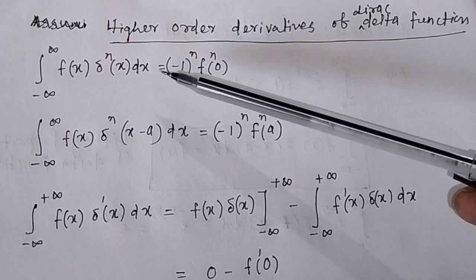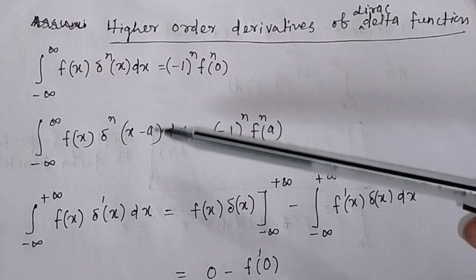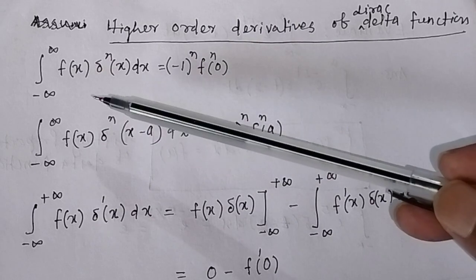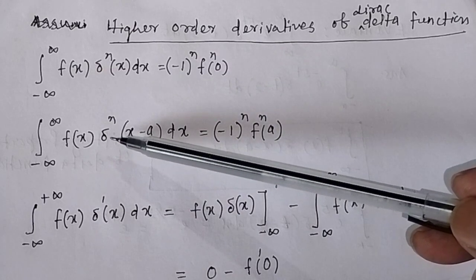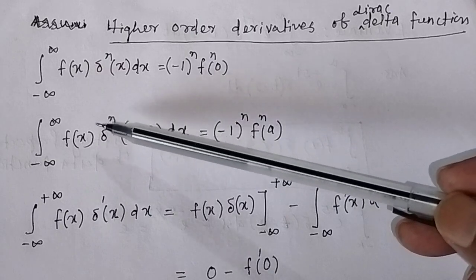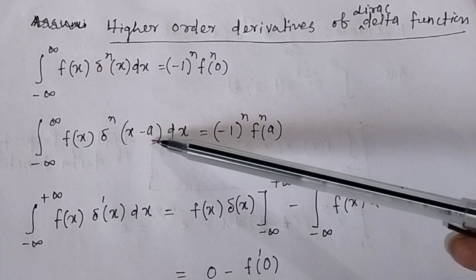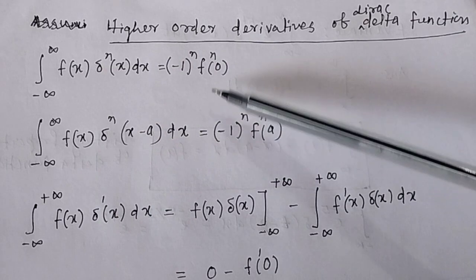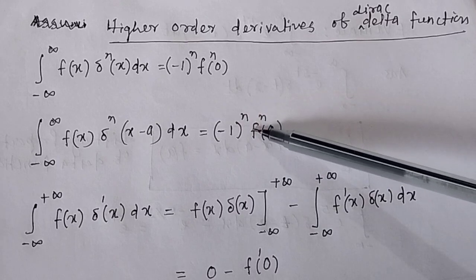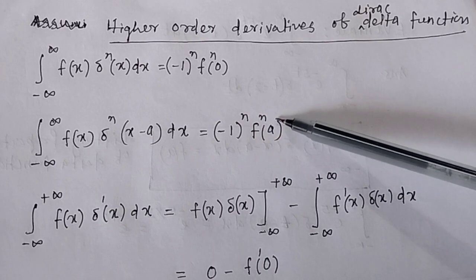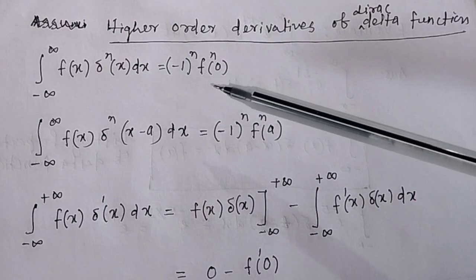If you have the shifting property, that means the value of x is shifted from 0 to a, then the formula will be the integral of f(x) times the nth derivative of the delta function with x minus a in place of x, dx, equal to minus 1 whole to the power n times the nth derivative of the function at a. So let us prove this one.